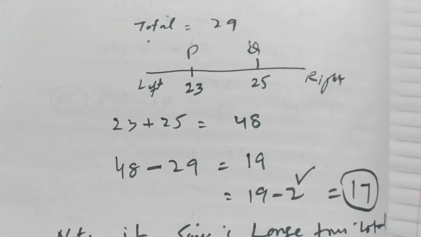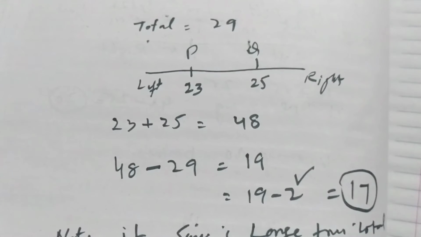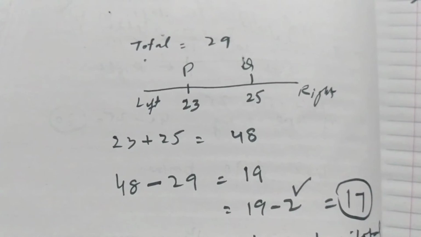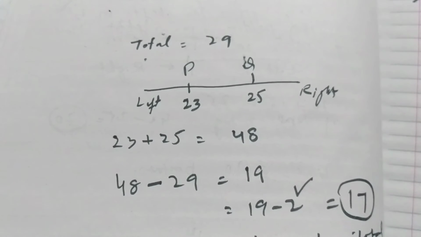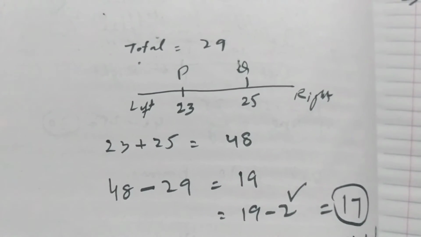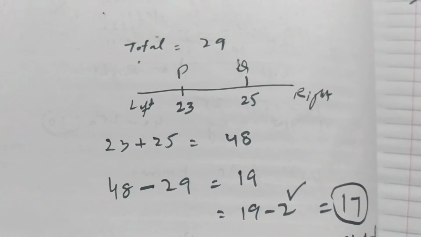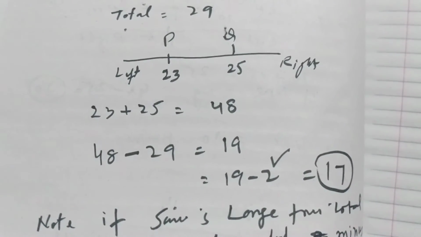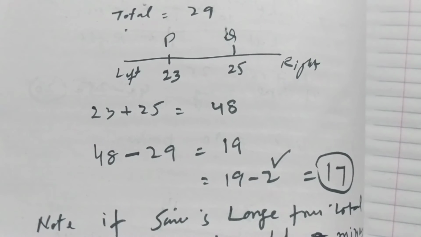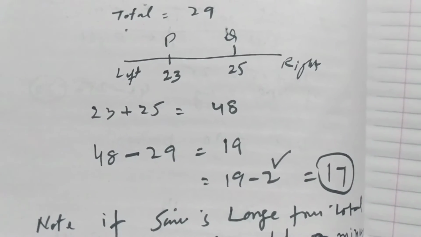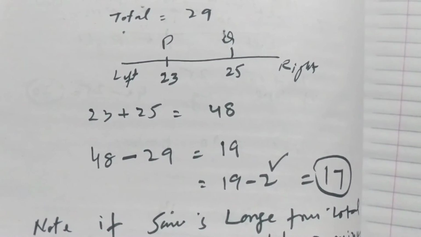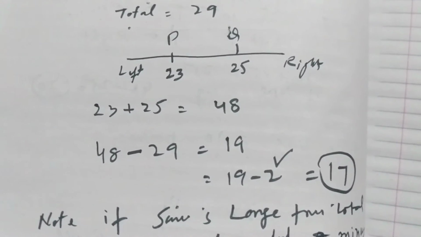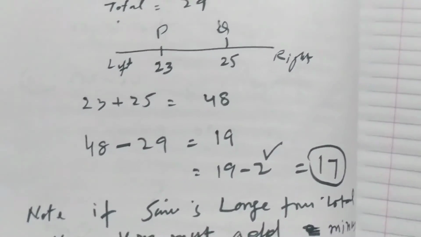Now 48 is the sum and 29 is the total. So 48 minus 29 is equal to 19. Here when the total is less than the sum, you must subtract two numbers. So 19 minus 2 is equal to 17.